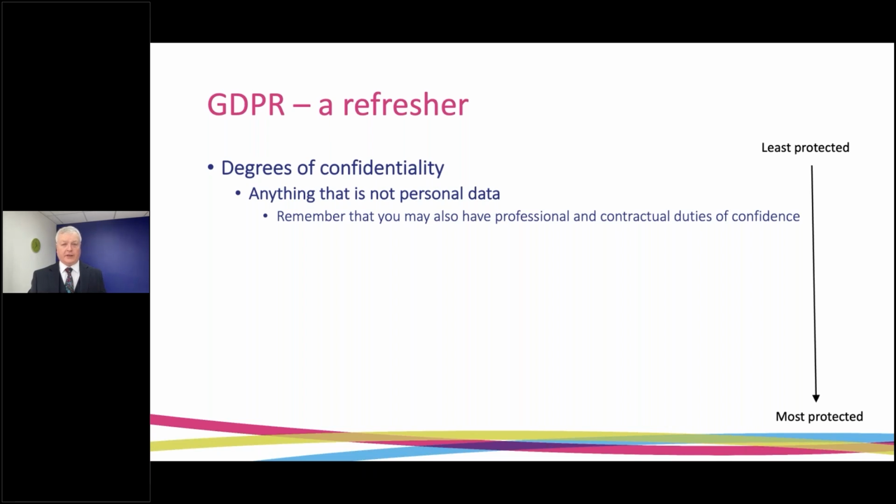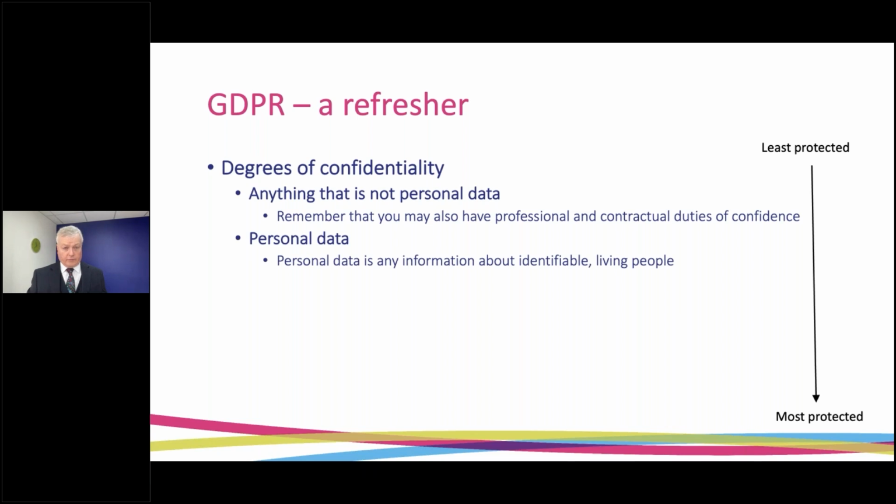That is personal data. That is protected by GDPR. If it's any other sort of information, it's not protected by GDPR, but you have to remember that that doesn't mean that it's completely free to use. You may well have other obligations of confidence for that information, perhaps professionally, perhaps contractually.